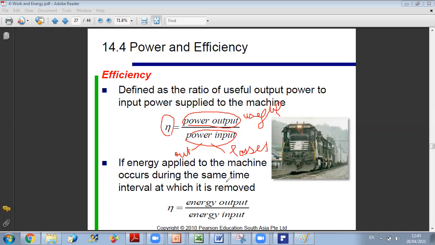Now, in case the energy applied to the machine occurs during the same time interval at which it is removed from the machine, so delta T of energy used as output is equal to delta T input, then delta T can be simplified, because we know that power is energy out over delta T, and power input is the energy that we are supplying over delta T. So in case delta T is the same, we can simplify delta T, and the efficiency can be defined as the ratio of energy output over energy input.